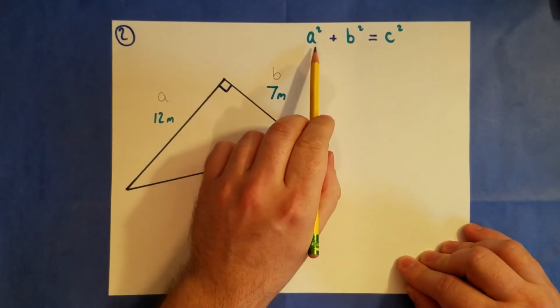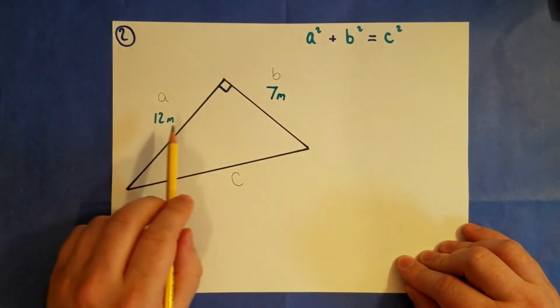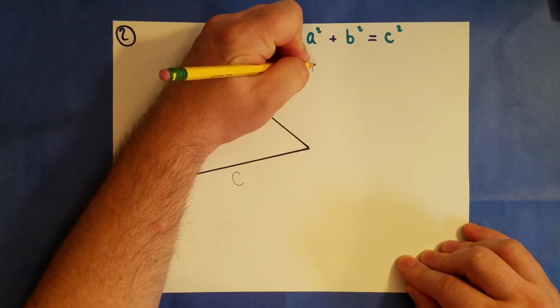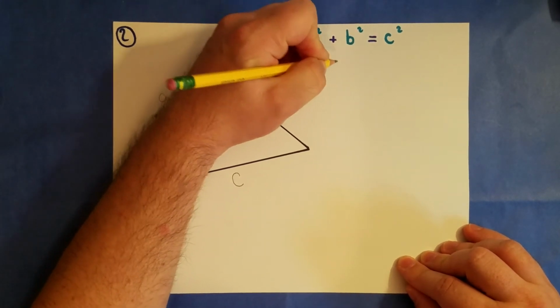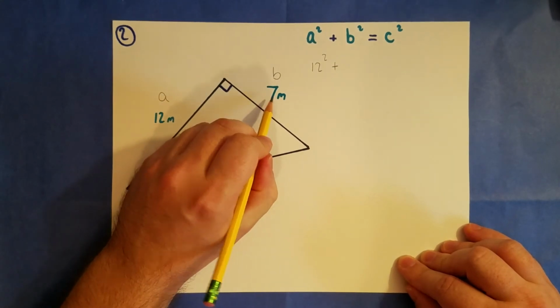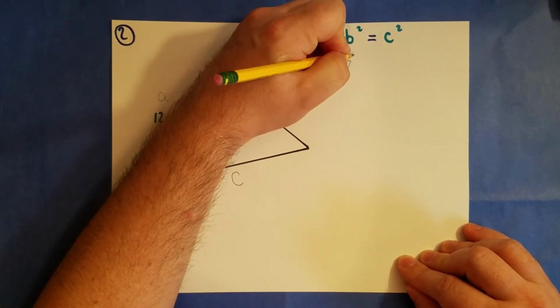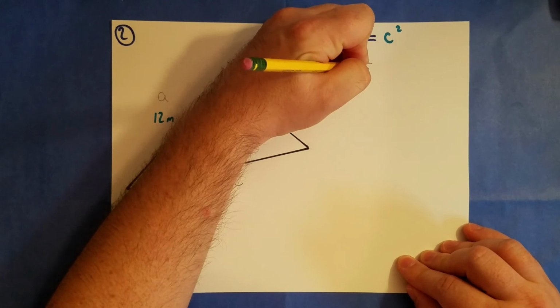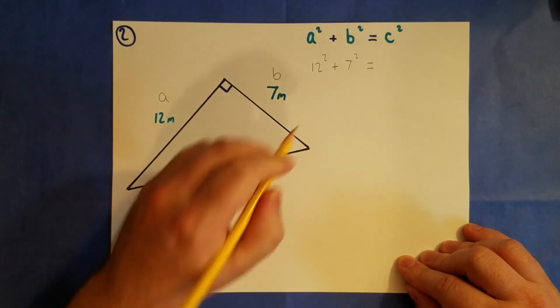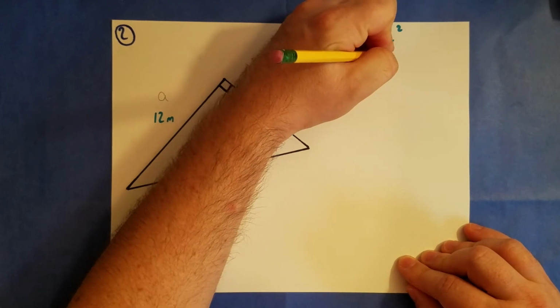So let's substitute those numbers in. A is 12. 12 squared plus B. B is 7. 7 squared equals C squared. Do I know the value of C? I don't. So that is my variable.